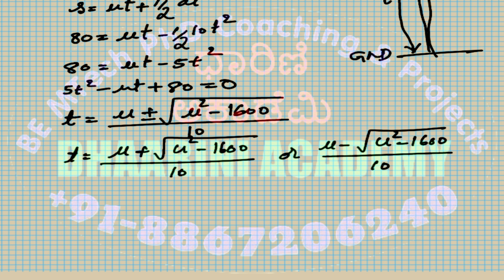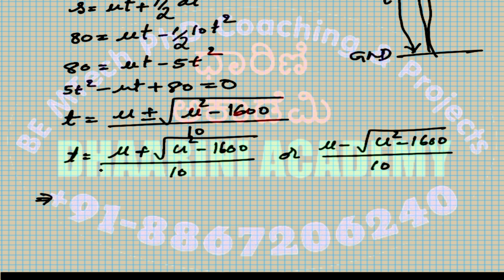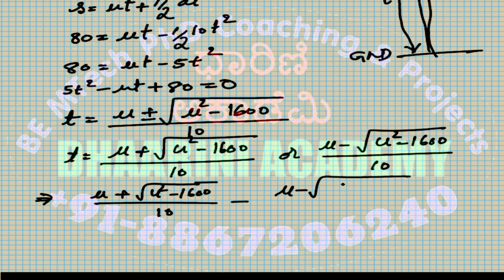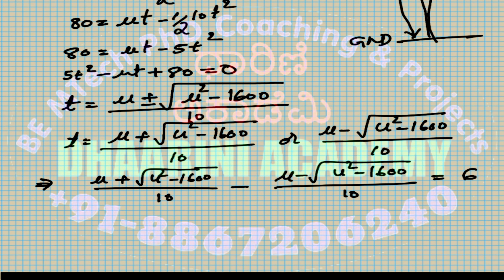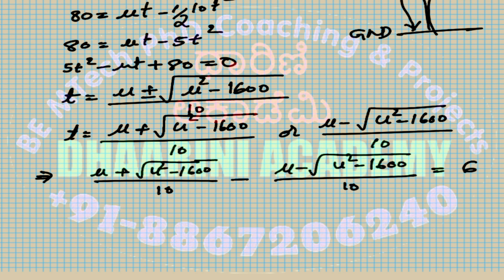So this implies the first time, u plus root of u square minus 1600 by 10, minus the second time, u minus root of u square minus 1600 divided by 10. This gap is given as 6, right? The time interval between the two times is nothing but 6.